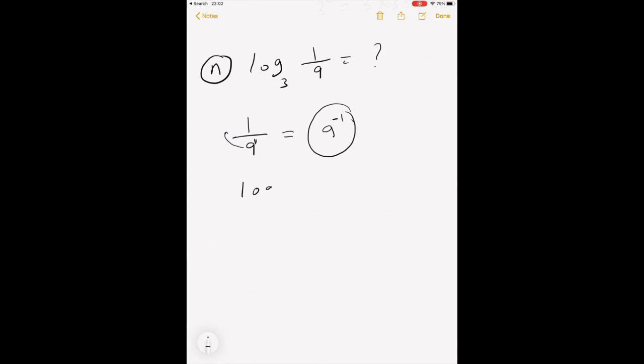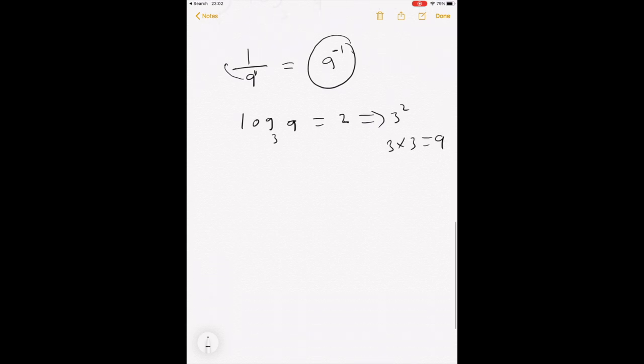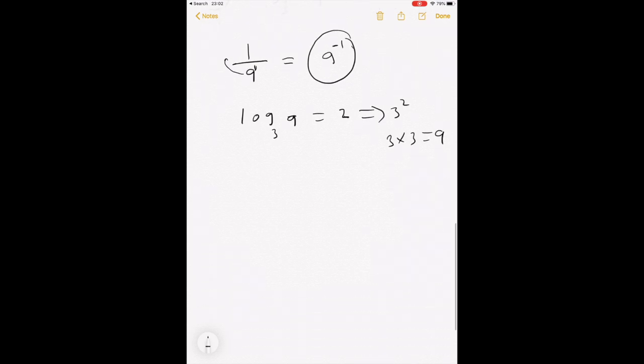Let's assume 3 to the power of 2 gives you 9, because 3 by 3 gives you 9. Now the inverse of that is minus 2.